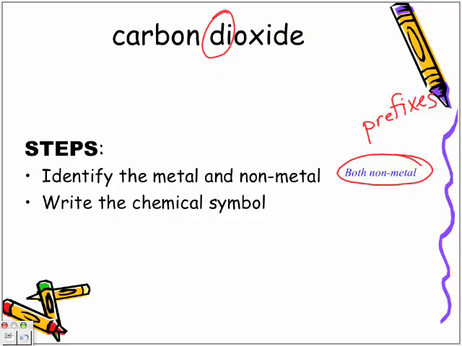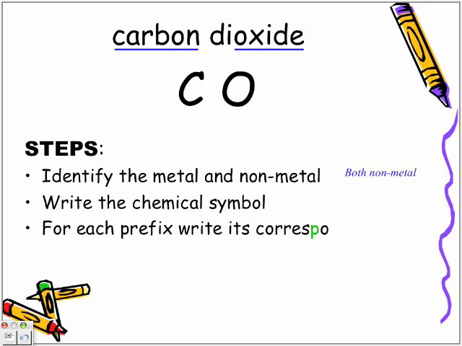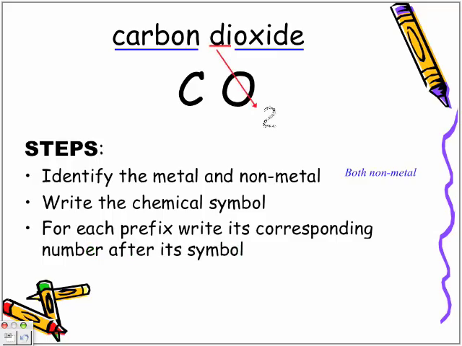So carbon is represented with the letter C. Oxide is represented with the letter O. So we have carbon, we have oxygen, but according to our prefixes, there is 1 carbon and 2 oxygen. Okay, and the formula is CO2.